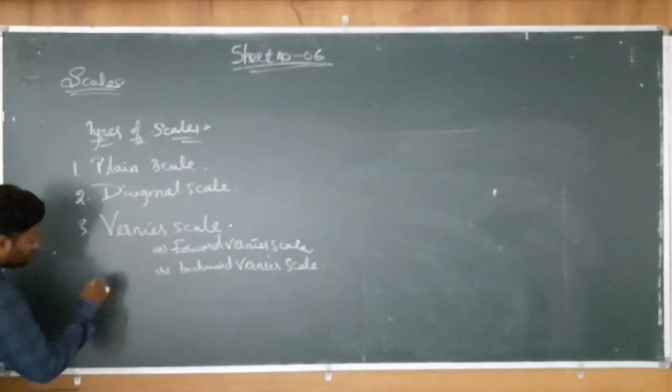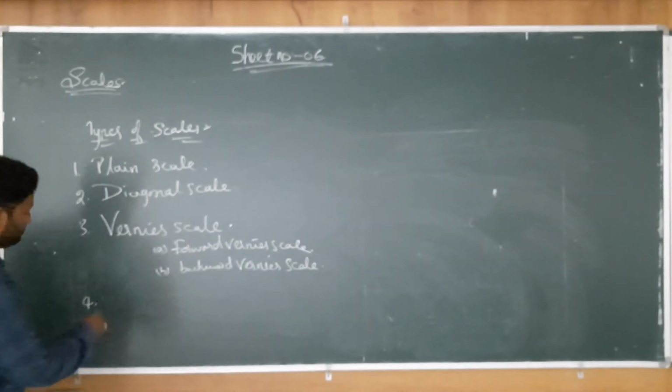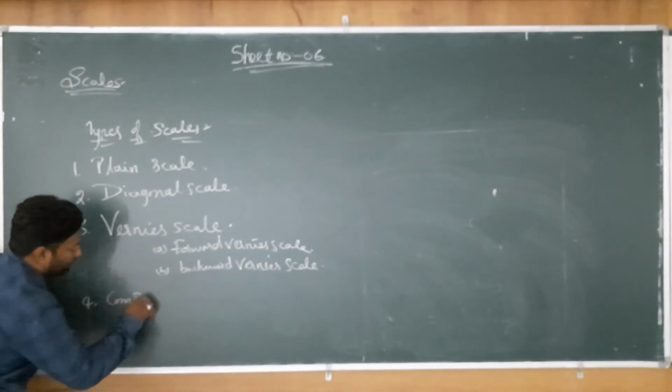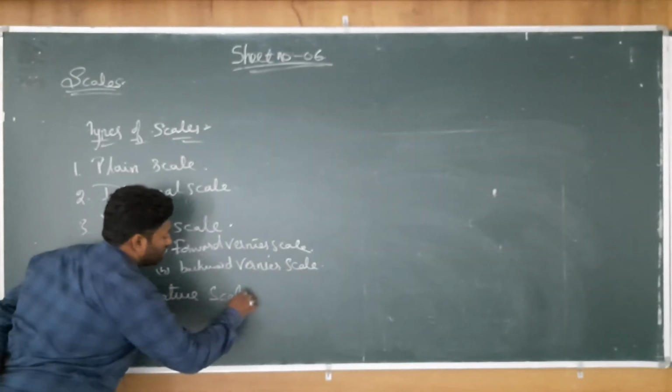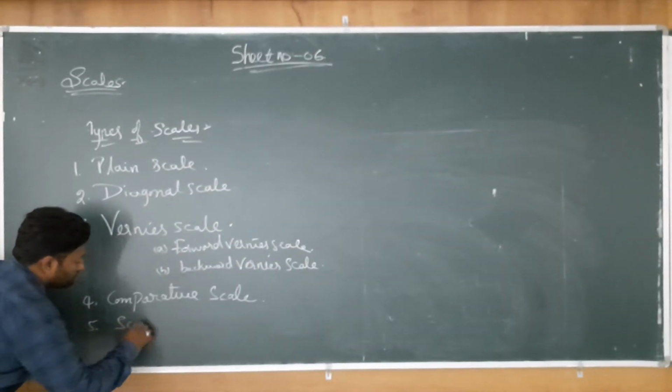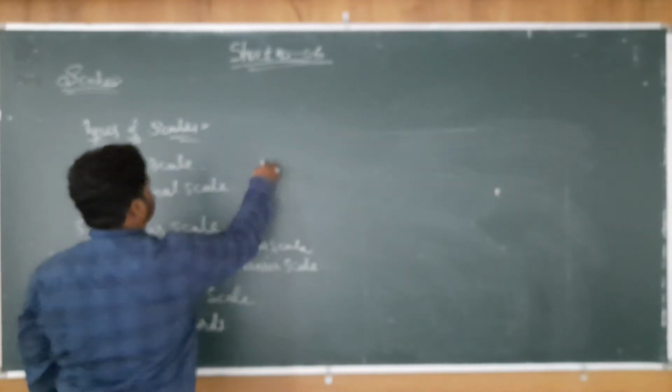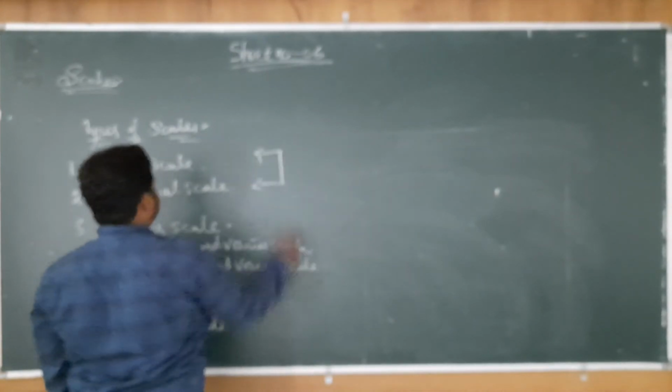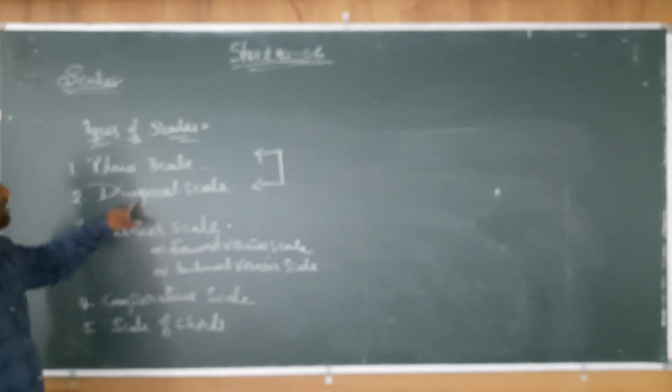The fourth one is comparative scale. And the last, fifth one is scale of chord. As per our syllabus, we have to discuss only plane scale and diagonal scale.